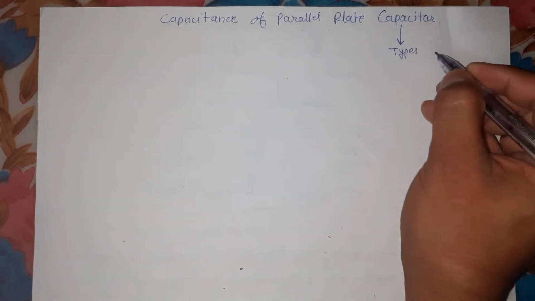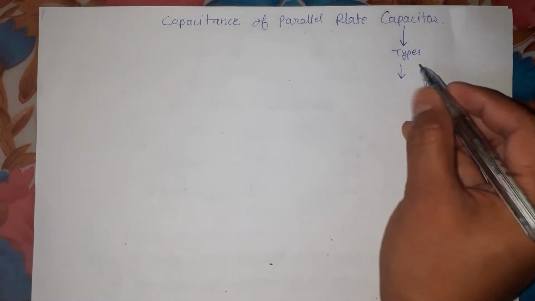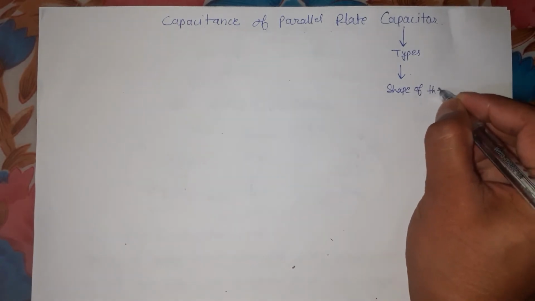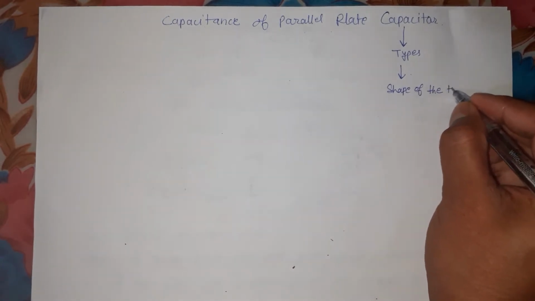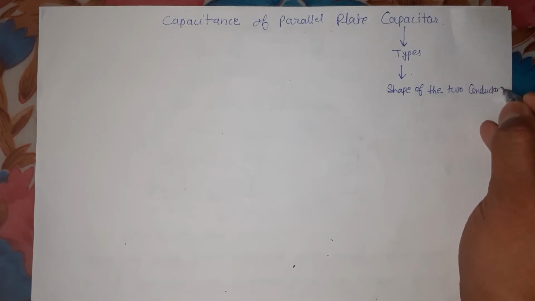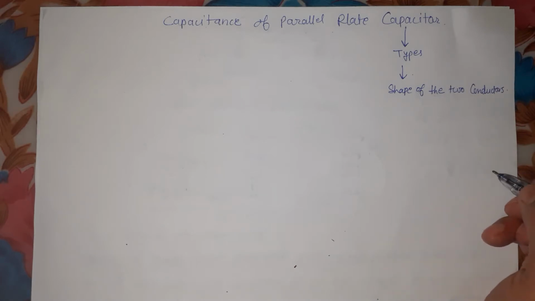So how many types of capacitor are we having? This type is going to be on the basis of the shape of the conductors. The two conductors that are used in it, on the basis of that, we are going to have different types of capacitor.